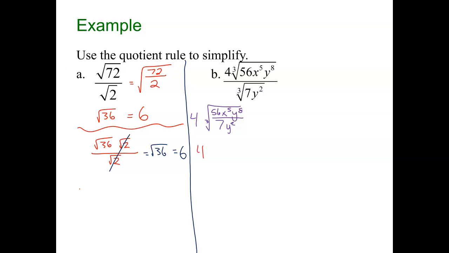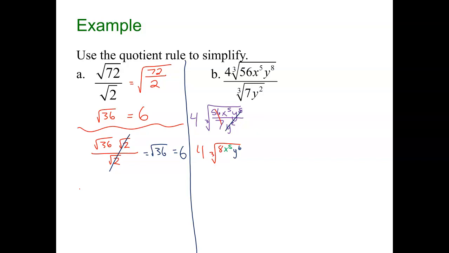So 4 times the third root of 8. There's nothing in the numerator and denominator with x to the 5th, so that stays. And then I've got y to the 8th and y squared. What does that simplify to? y to the 4th. No, not y to the 4th. y to the 6th. Thank you. Subtract. Now I don't have a denominator anymore, so that makes it a little bit easier.